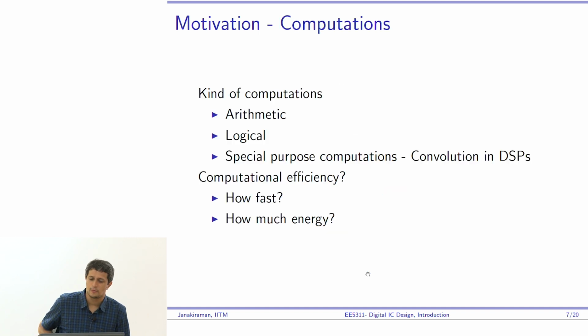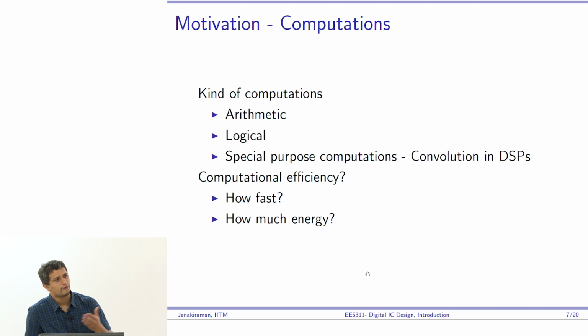So what are these kinds of computations? These computations are essentially, not surprisingly, arithmetic and logical. Everything you can boil down to a simple addition, multiplication, subtraction, or logical operations, maybe bitwise ANDs, ORs, XORs, and so on.